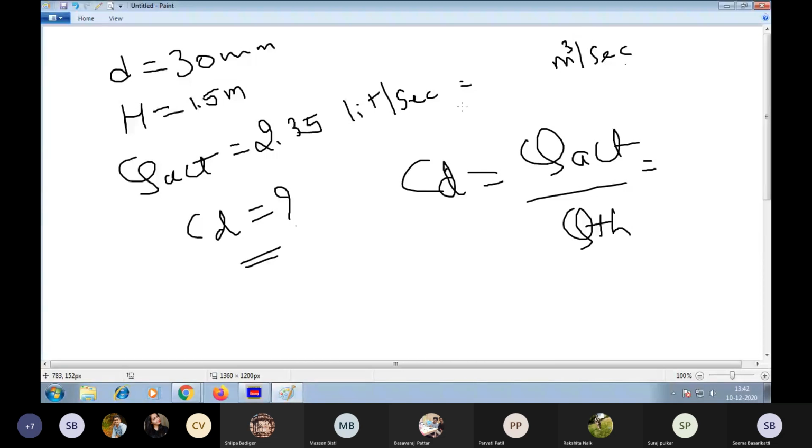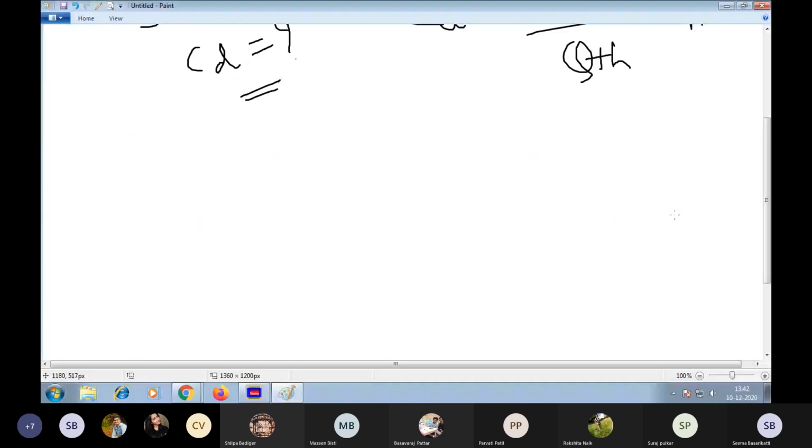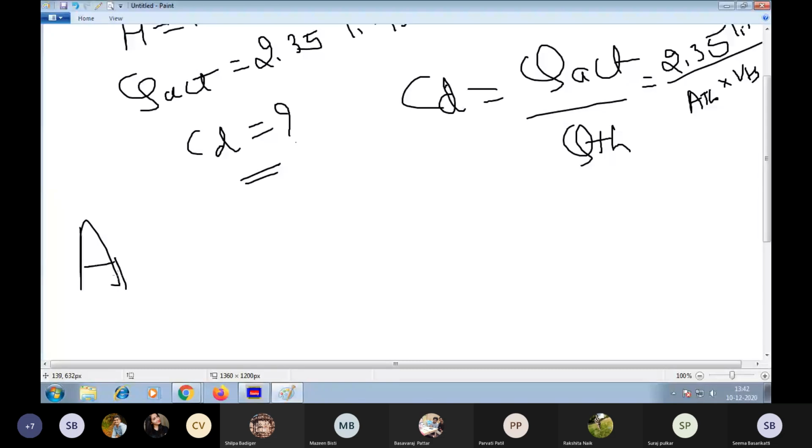So Q actual is 2.35 liter per second. Q theoretical is theoretical area multiplied by theoretical velocity. How are we going to calculate theoretical area? A theoretical is pi by 4 into 0.03 the whole square.